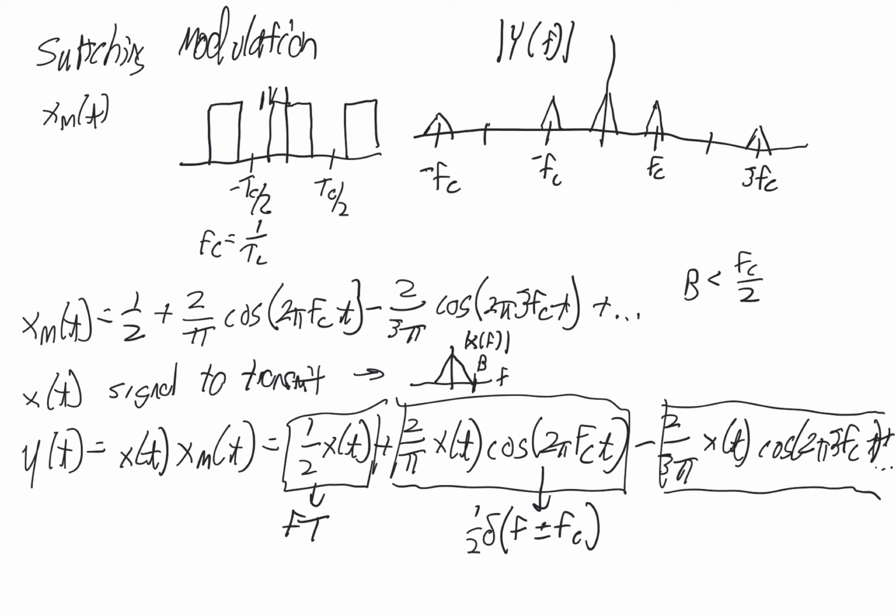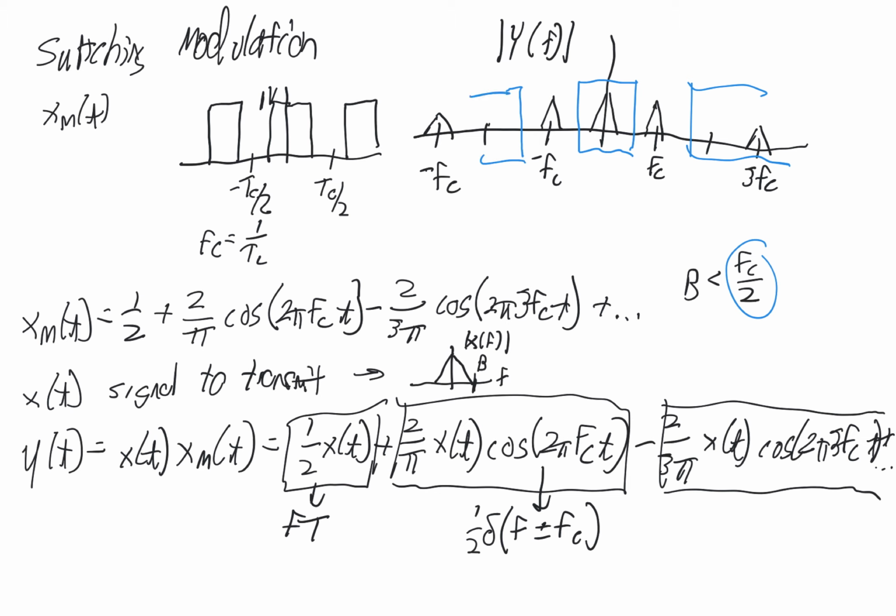So what we do, after we create this signal, is run it through a filter that blocks the low frequencies below about fc over 2, and also blocks the higher frequencies above fc plus the bandwidth.